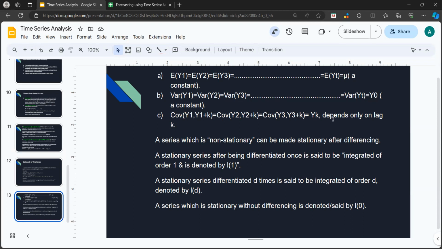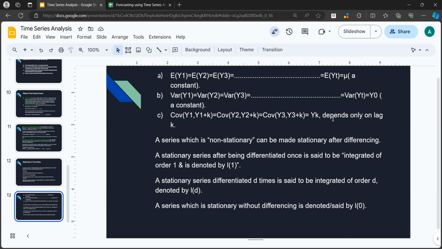Covariance of Y1 and Y1 plus k is equal to covariance of Y2 and Y2 plus k, where the difference is k. So covariance depends on the difference between the two time points. These are the three conditions.